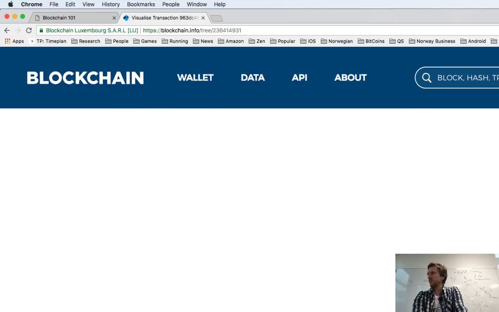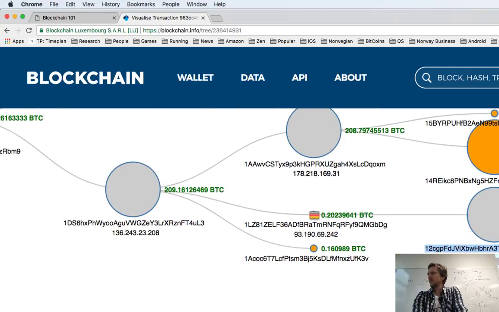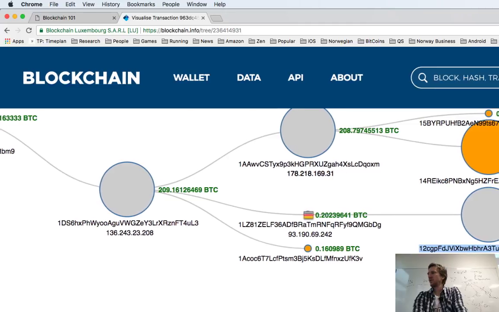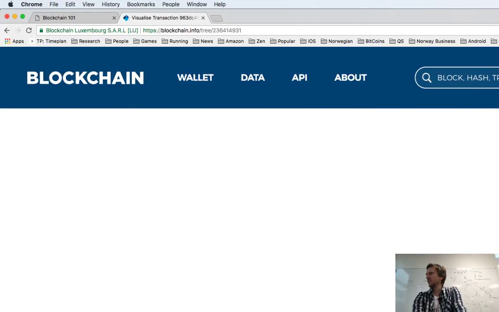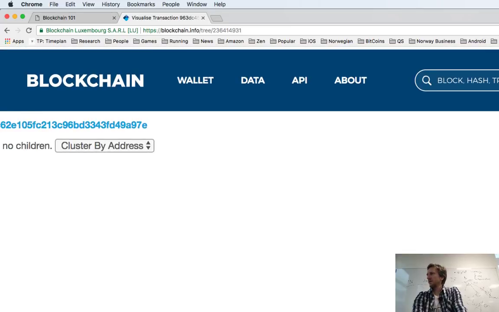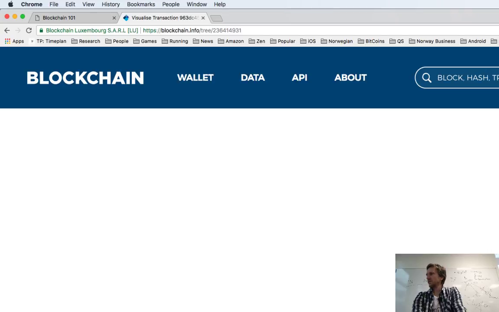we get to something interesting, right? So from this account, which had 171 coins, you see something interesting. Okay, a massive number of transactions splitting up, some very small and some getting bigger.